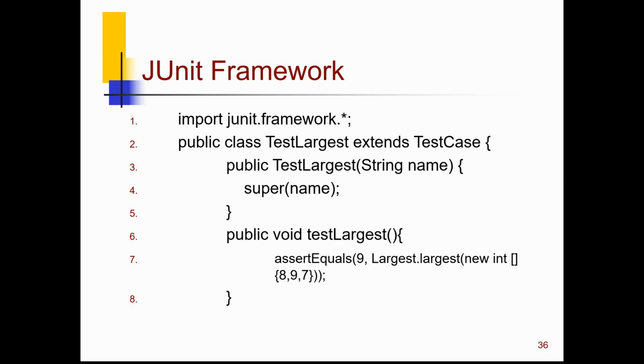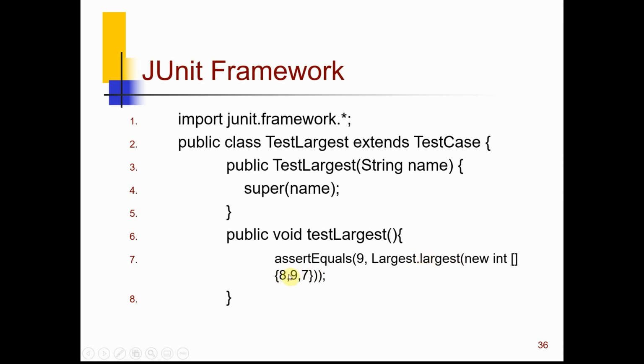Okay, let's look at one example here. So here we have a test case to test the Largest class, and in the Largest class we test a method called largest using the assert equal. So here you see that I test the largest method.